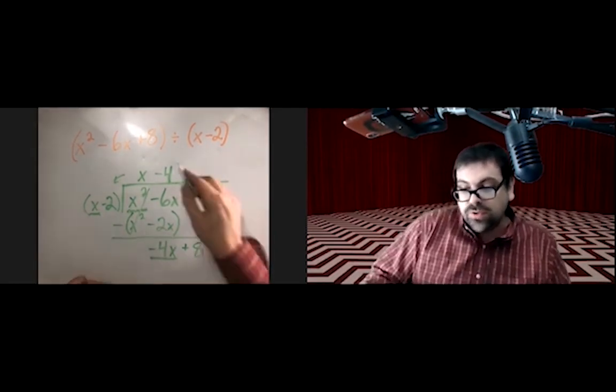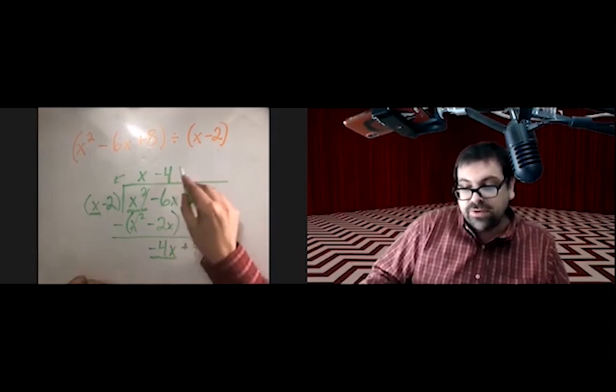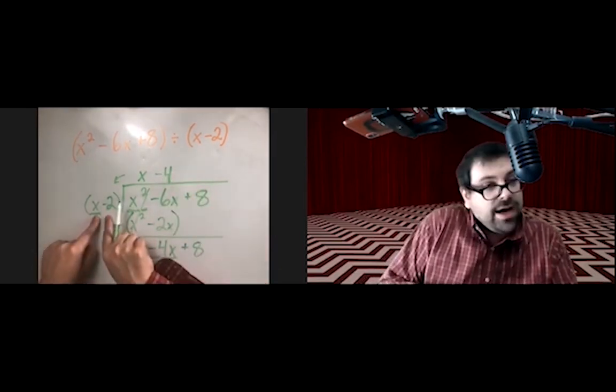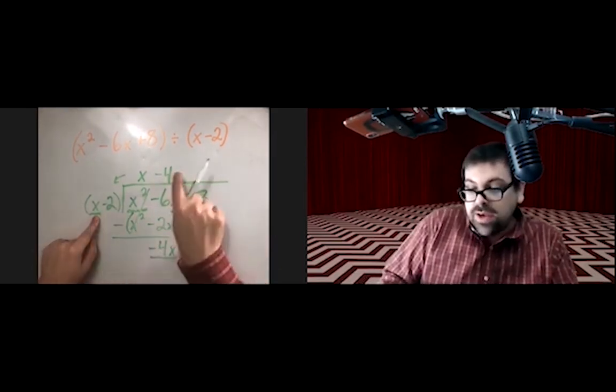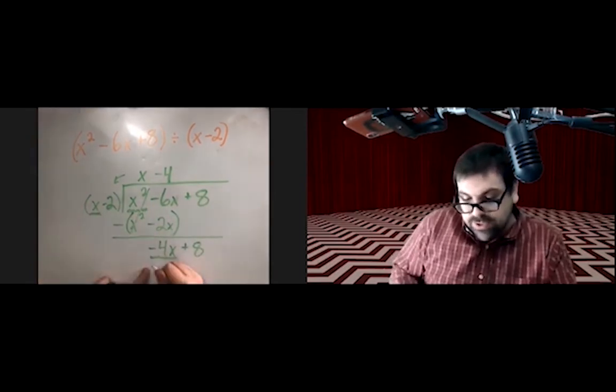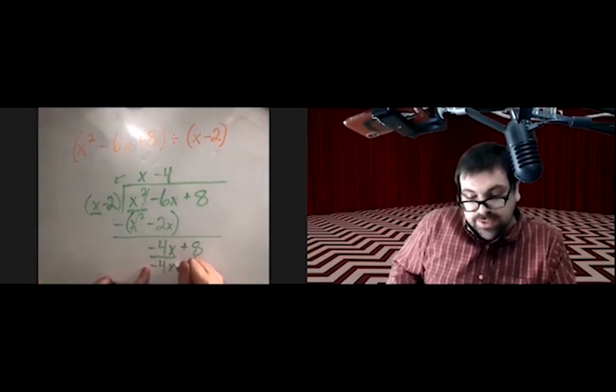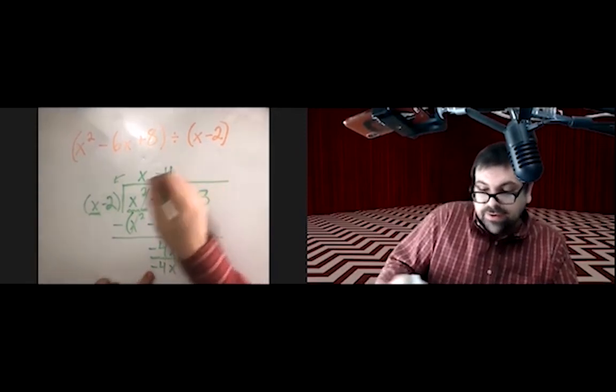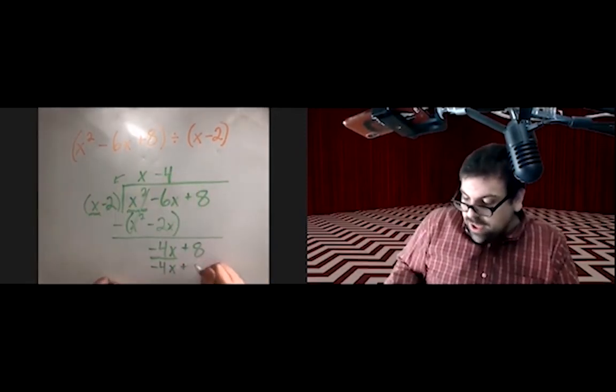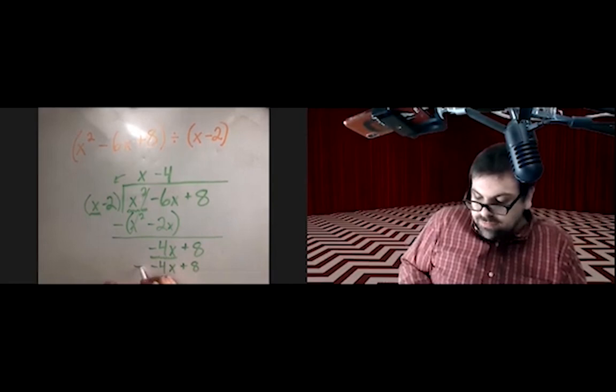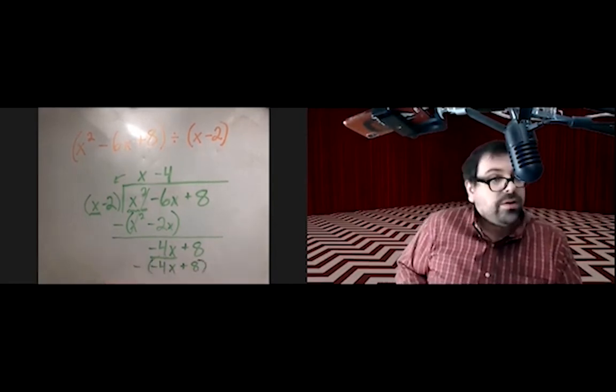Go around the corner. This negative 4 that we just found times the entire x minus 2. Negative 4 times the x minus 2 would be negative 4x. Negative 4 times negative 2 would be positive 8. We are subtracting the entire thing.